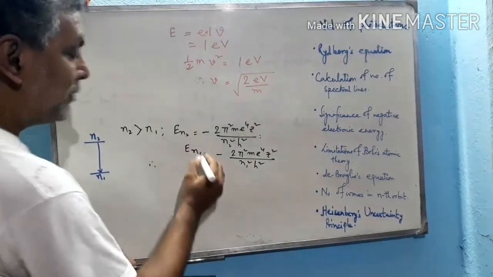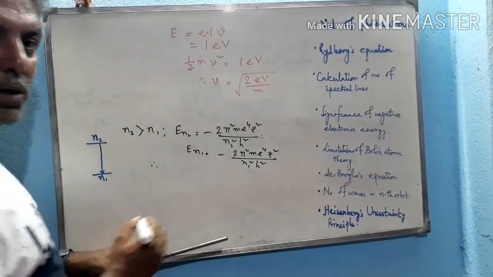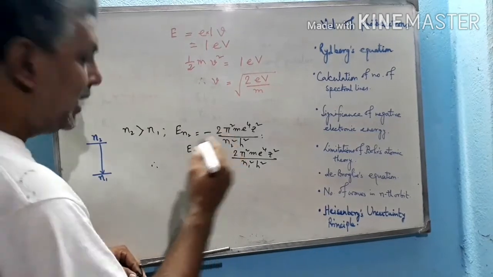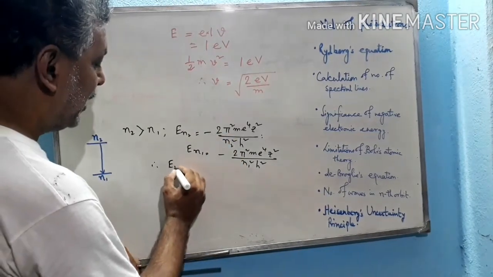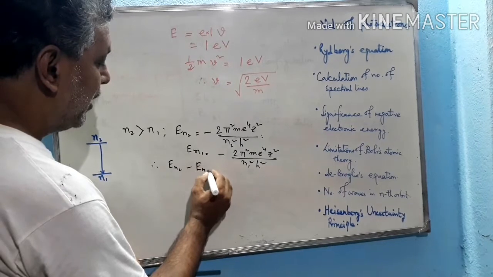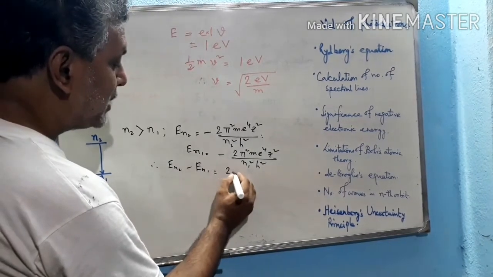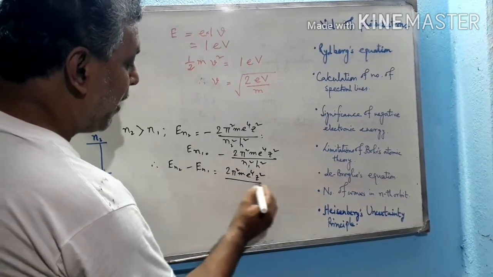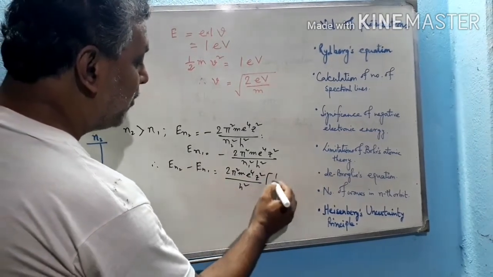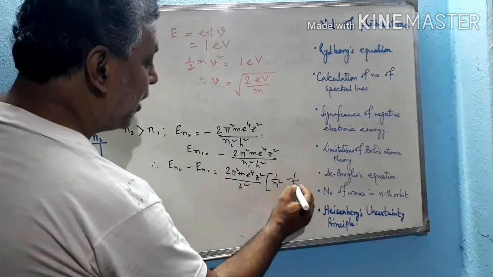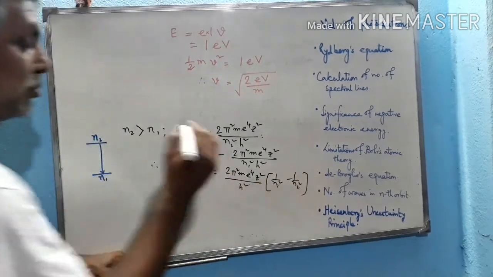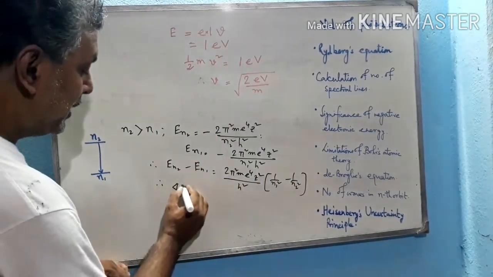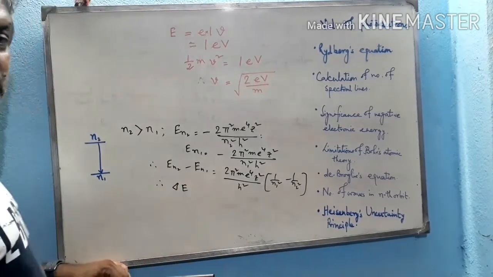So when it jumps from the N2 orbit to the N1 orbit, the net amount of energy released by this electron is equal to En2 minus En1. That means 2 pi square m e4 z square by h square into 1 by N1 square minus 1 by N2 square, by subtracting these two. So this is equal to del E, the change in energy.